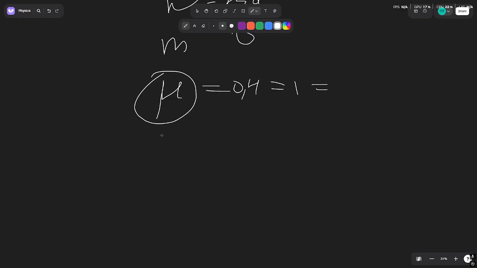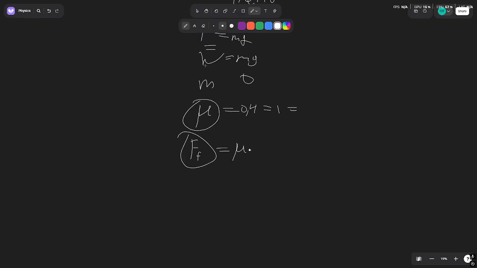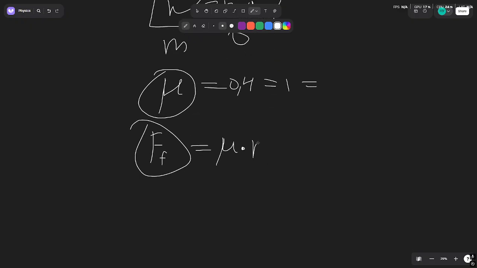At first, we should know that friction is a force. We can illustrate it like this. So the force of friction is, obviously, the coefficient of friction times what? Weight? Yeah, times weight. So times m times g.